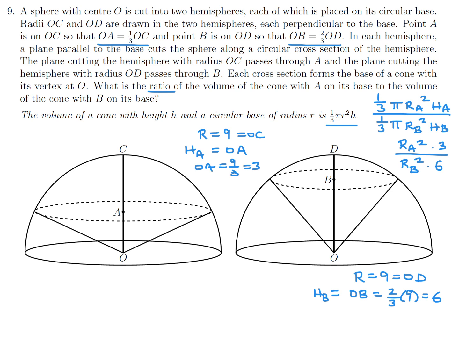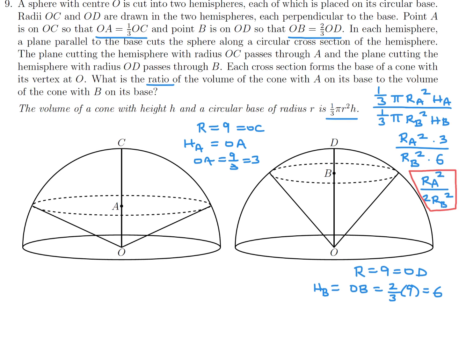So in the end, all we have is RA squared, the radius of A squared, over 2 times the radius of B squared. That is what we would need to figure out. If we can figure that out, we're all done. Okay, so let's see how we do that.